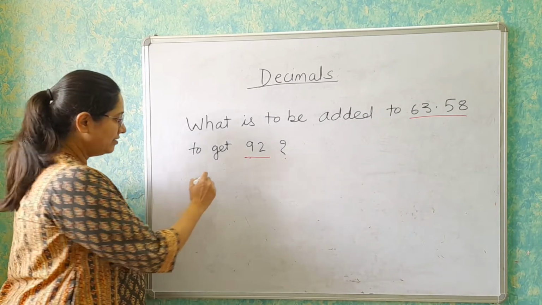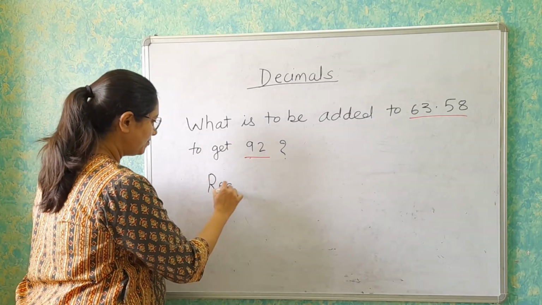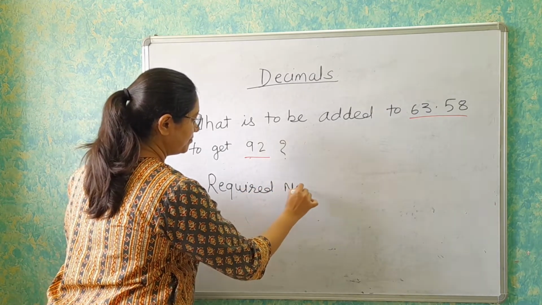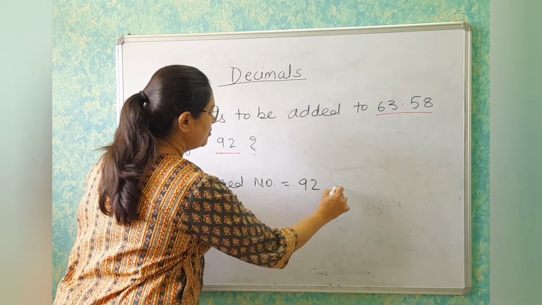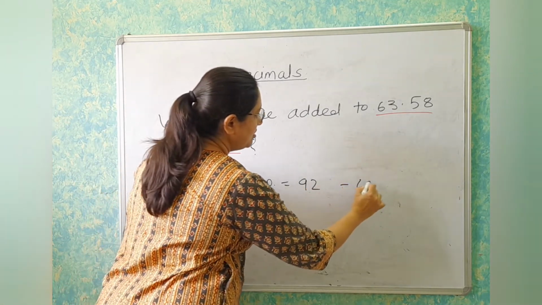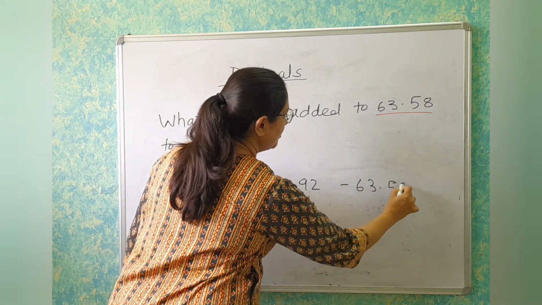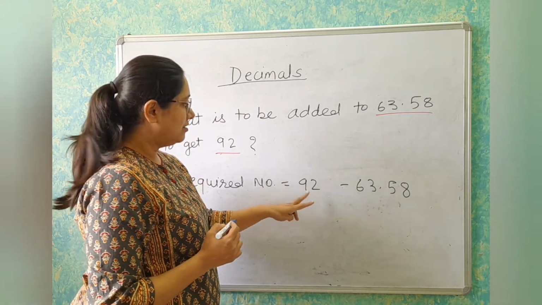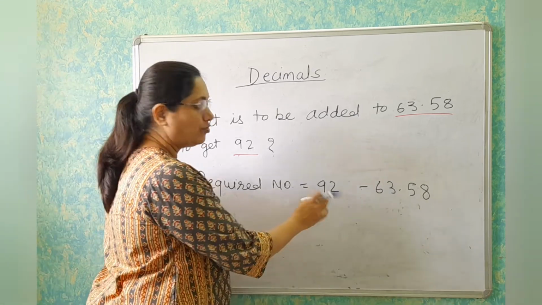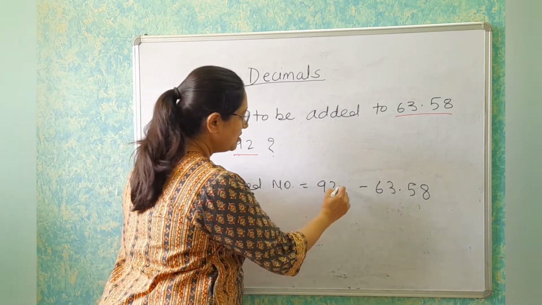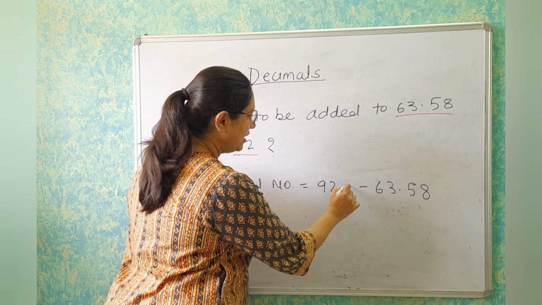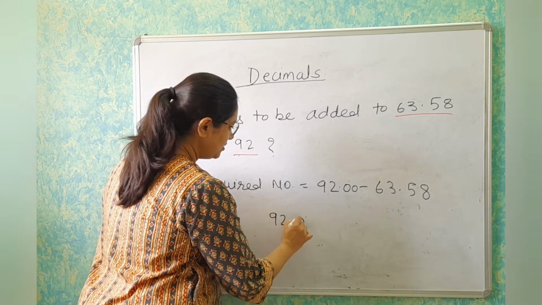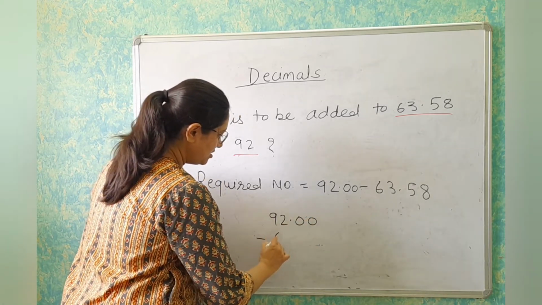So we can write the required number 92 minus 63.58. Again, these two numbers are unlike decimals. Actually, this number is a whole number. So we can make them like decimals simply by putting a decimal point and then 2 zeros. Now the number becomes 92.00 minus 63.58.